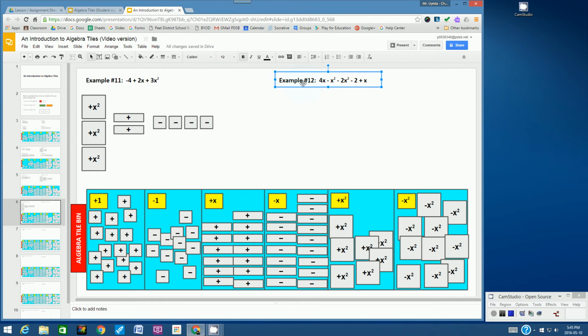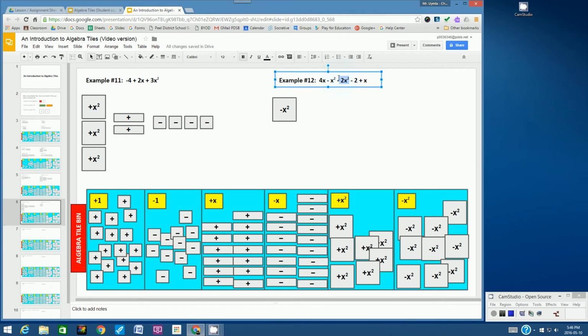Okay, let's go on to example 12. Let's look for any x squareds. Now, something different about this question is that there are two terms that have x squareds. So let's see how this is going to work. Let's take care of this one first. Negative x squared. That means a negative 1x squared. I'm going to bring it over.